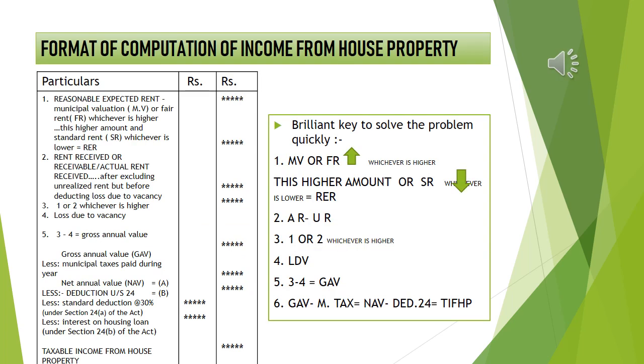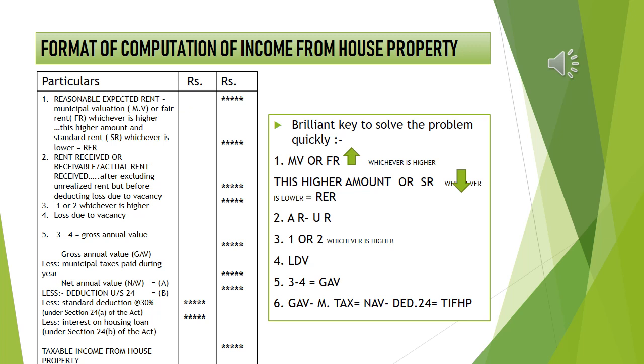Here is the format of computation of income from house property. Before that, first let us understand a few important concepts. First, municipal valuation. This is the value determined by the municipal authority for levying municipal taxes on house property.